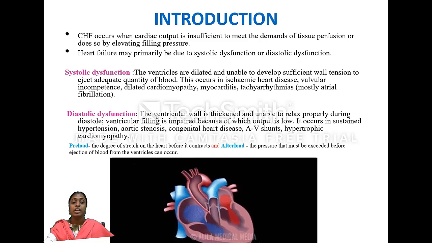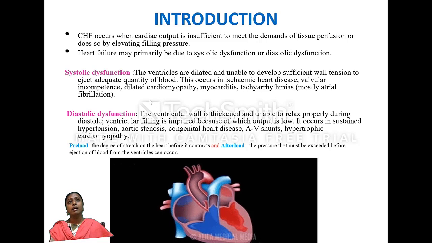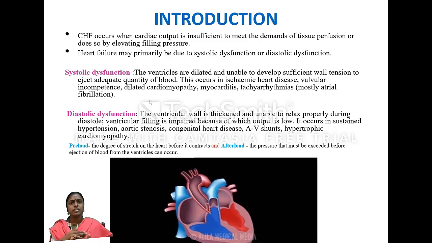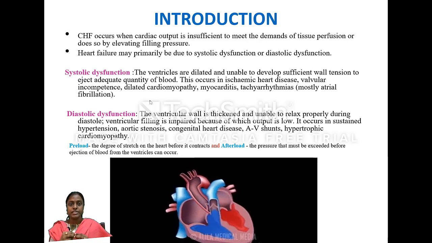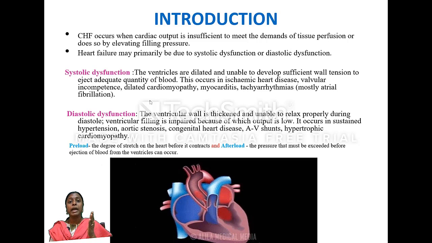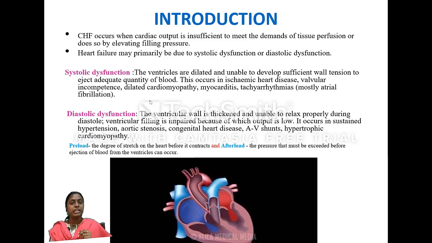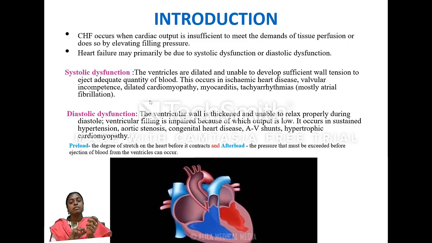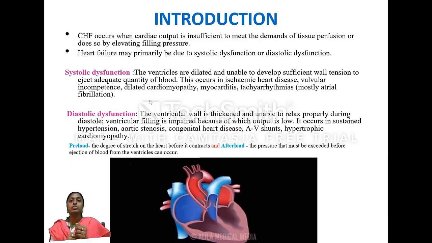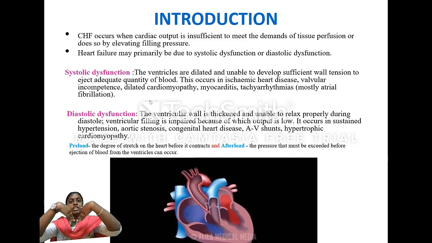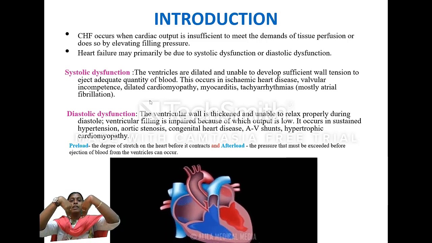And valvular incompetency: the valves consist of leaves, right? A tricuspid valve has three leaflets, and a bicuspid valve has two leaflets, isn't it? So when these leaflets are not working properly, they won't close properly. When they are not closing properly, what will happen? Their structure should be like this.